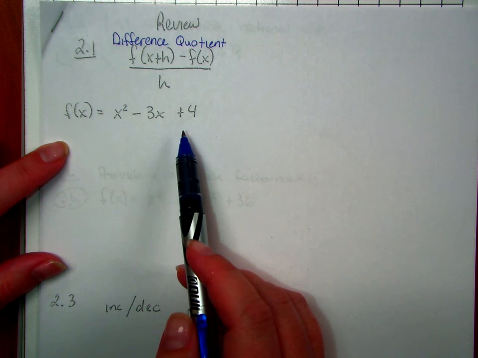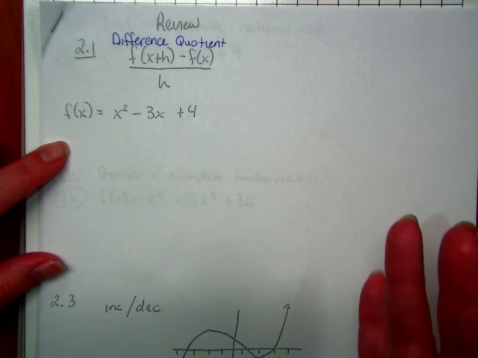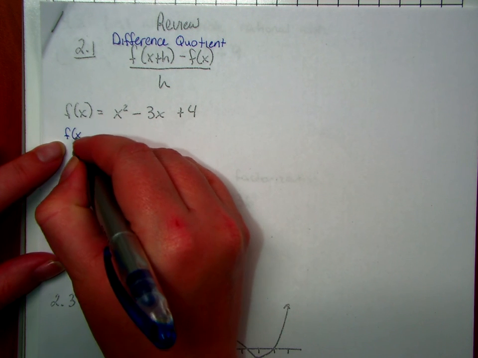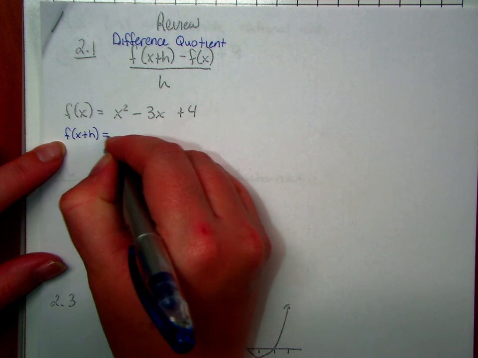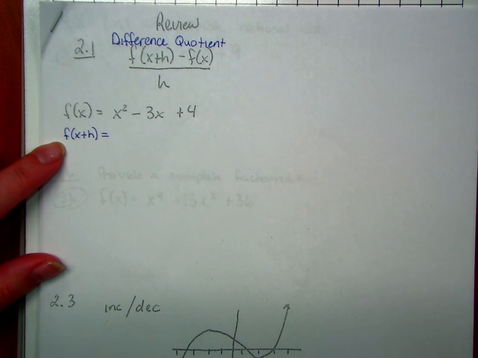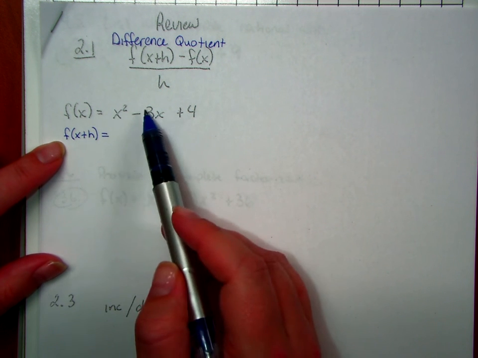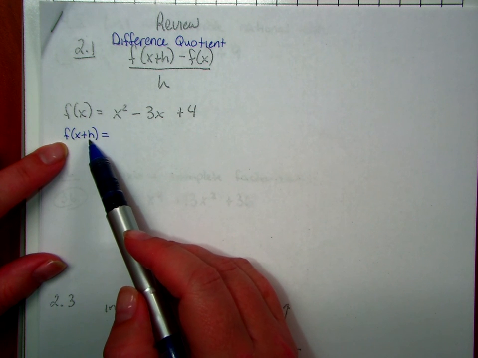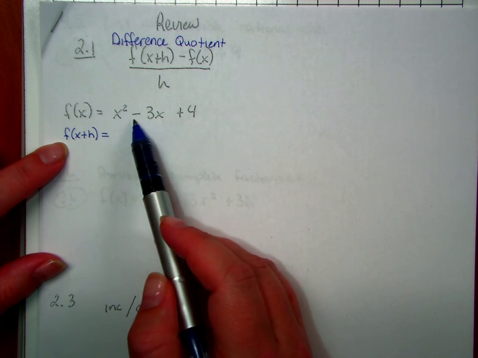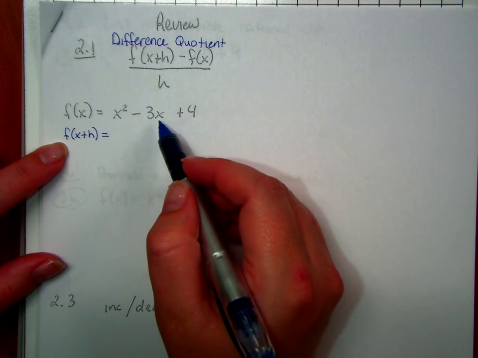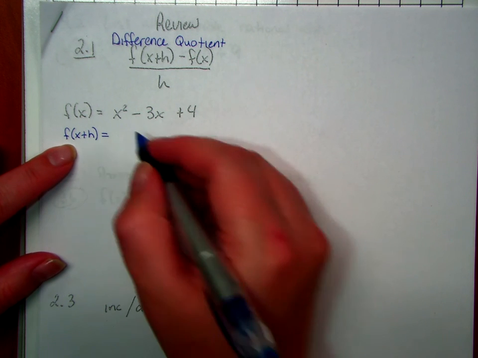Here's our f of x. So I like to do this in pieces, all right? I like to first find f of x plus h, right, and kind of write it out. And so if this is f of x, the function with x plugged into it, this needs to be the function with x plus h plugged into it. And so everywhere there's an x, we're going to replace it with x plus h.